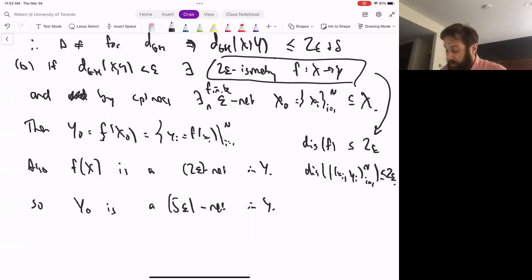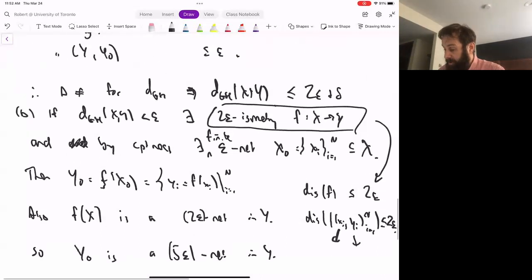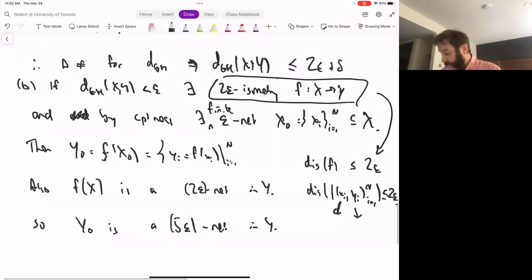If we project this onto the first coordinate, we have an epsilon net in X. And so the only thing to check is that the projection onto the second coordinate is a 5 epsilon net in Y. And then we've shown that they are 5 epsilon approximations of each other.